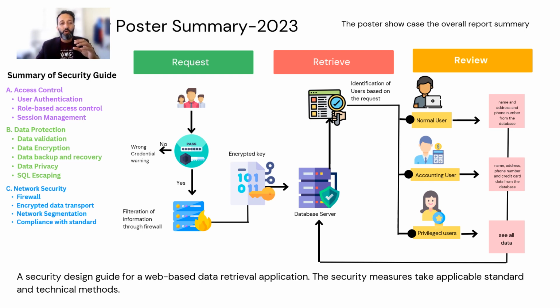The access control has to be very much taken care of, where user authentication, role-based access control, and session management are key. For data transfer between the web interface and the backend, we can use several measures: firewalls, data encryption like the Advanced Encryption Standard, and encryption in transit like TLS or SSL protocols.